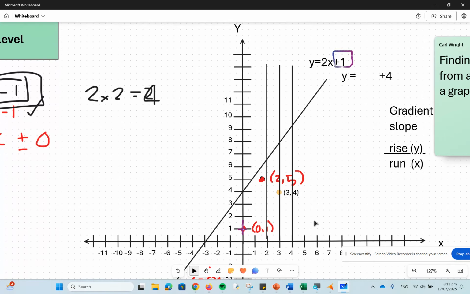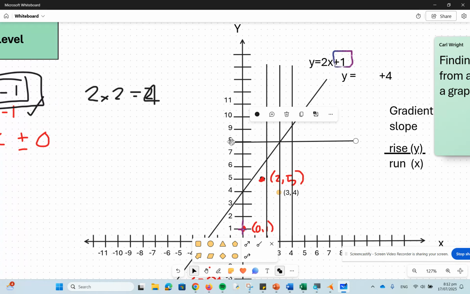So what I'm looking for is where the line that we're plotting crosses at a perfect point that touches on a cross section of the y and x. Okay, and I've found one.